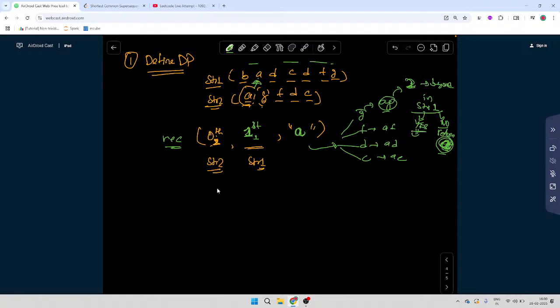Otherwise, for G, yeah, if it is there, since it is there in this case, we'll launch another recursion with index in the first one as this, like this is the first index, and there it is the last index, which is 0, 1, 2, 3, 4, 5, 6. 6 index, and we got AG at the moment.